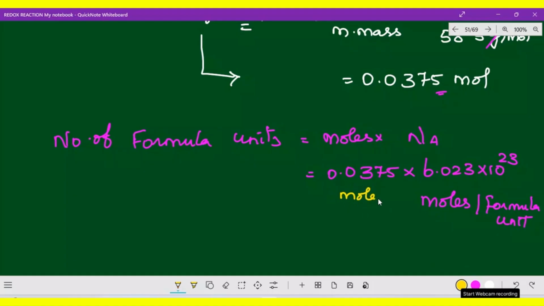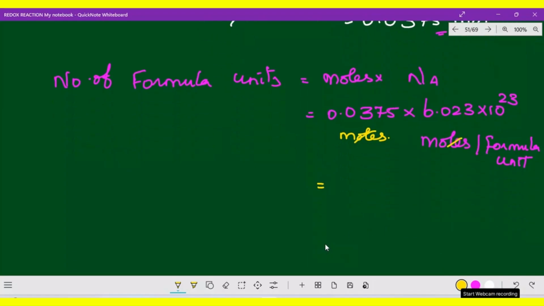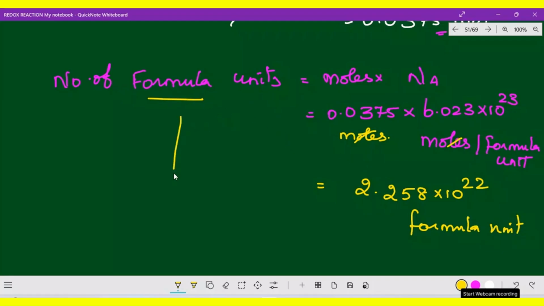This moles and this moles cancel, so when you calculate, you will get 2.258 into 10 to the power of 22 formula units. So this is the answer. Hope you got that idea.